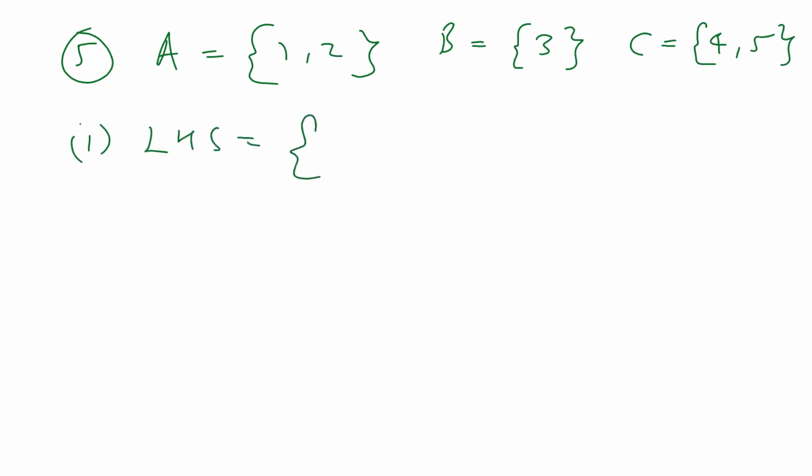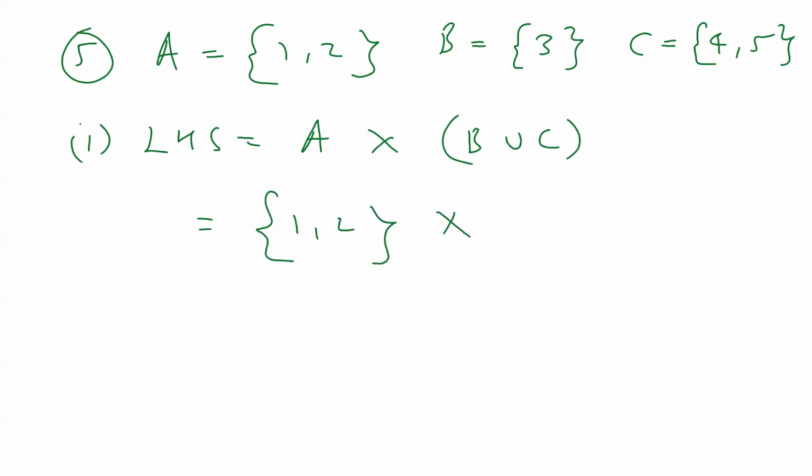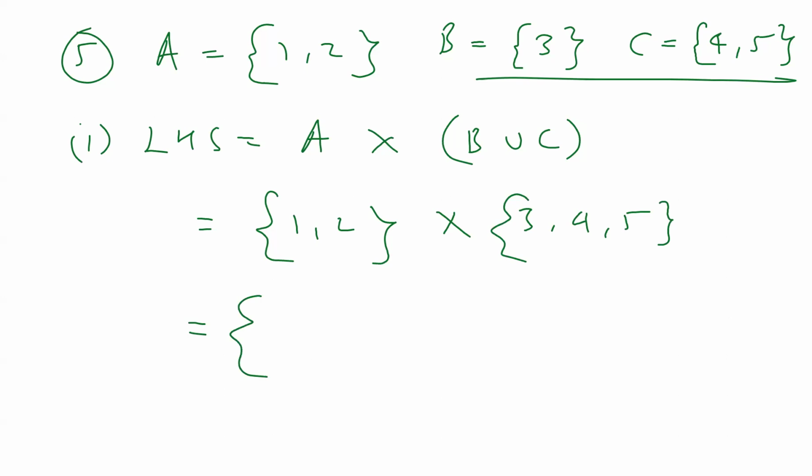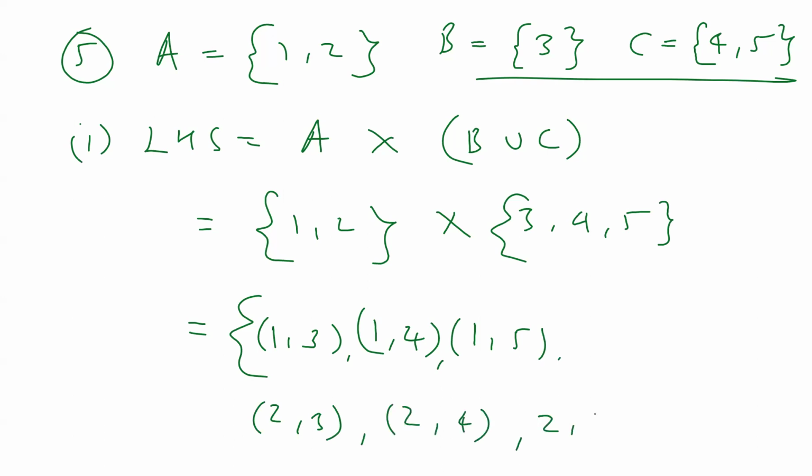LHS is given as A cross B union C, right? So what is A? A is 1 comma 2 cross B union C. B union C is 3, 4, 5. So as per the Cartesian product, I'll just list down the ordered pairs over here. 1, 3, 1, 4, 1, 5, 2, 3, 2, 4, 2, 5.